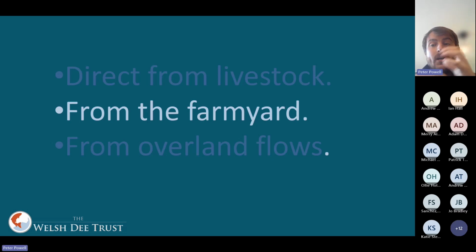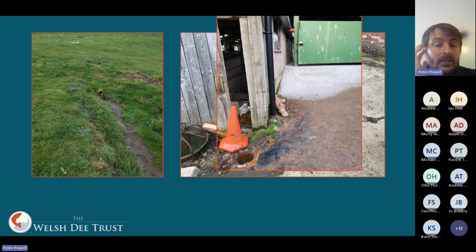When I say direct from the farmyard, I'm really thinking of livestock manures, possibly artificial fertilizers, but mostly livestock manures, getting into a clean water drain on the farmyard. That clean water drain goes directly to a watercourse, and so you've got that flow of manure from the farmyard straight to the watercourse. This is one example.